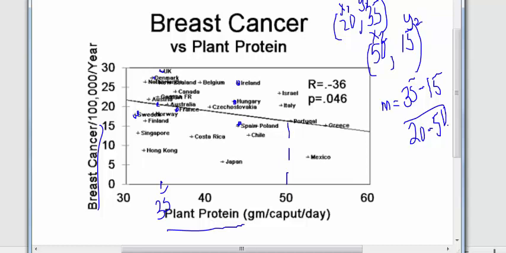In the denominator, we have a negative number, so that's negative 30. And in the numerator, 35 minus 15 is 20. So this equals negative 2/3.